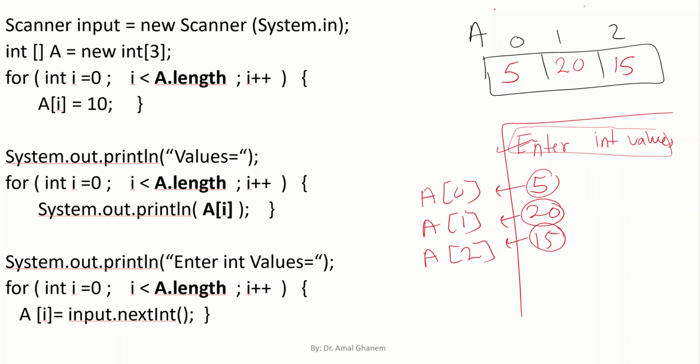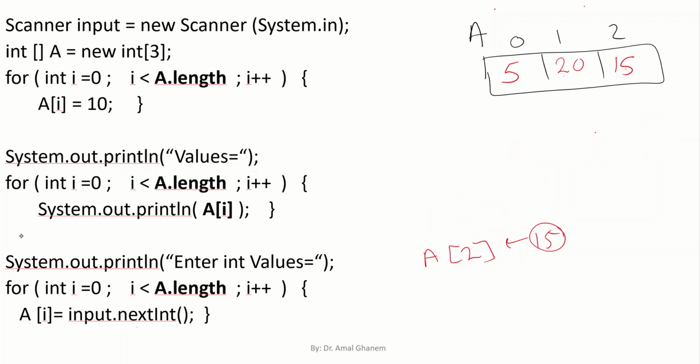So what we did: we created an array. We used a for loop to initialize. We used also another for loop to do output and the last for loop to do the reading. So the concept we have to remember here is that when I do the creation and dealing with arrays, arrays will be mostly combined with for loops.